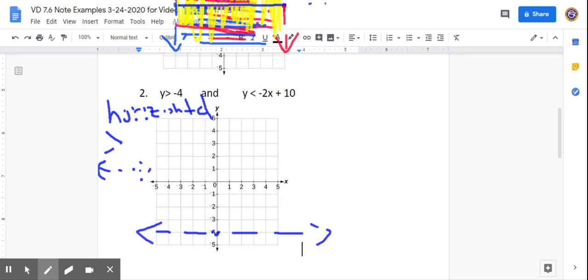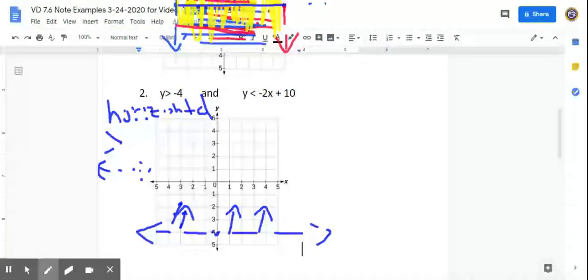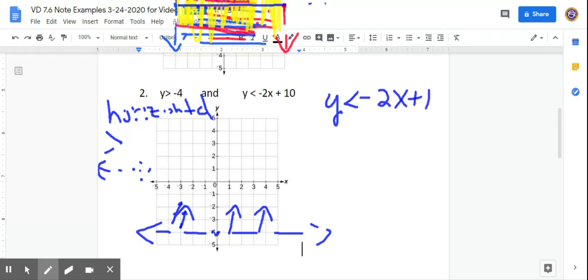Where does y get bigger? As it moves up the axis. So all those points going up. I usually just draw a little line telling me so that I don't have to erase a lot later. So now my second equation is y is less than -2x plus 10.